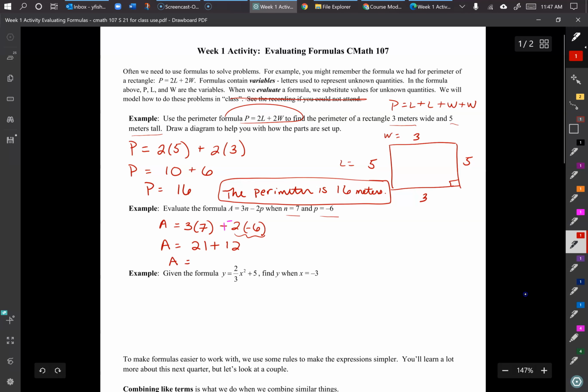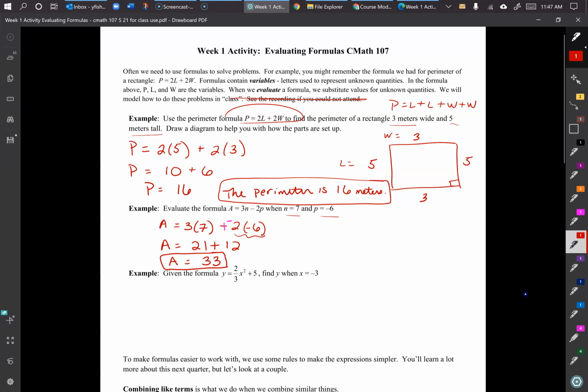And then my A is going to be 33. Okay, I'm just adding the 21 and the 12. I'm not given any units or anything, just A. So I actually don't know if it's area or what. It doesn't tell me. So I'm just going to go ahead and box that in.